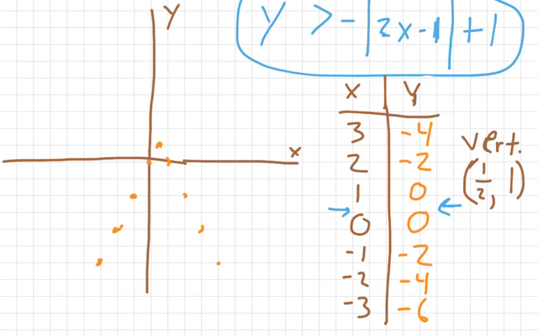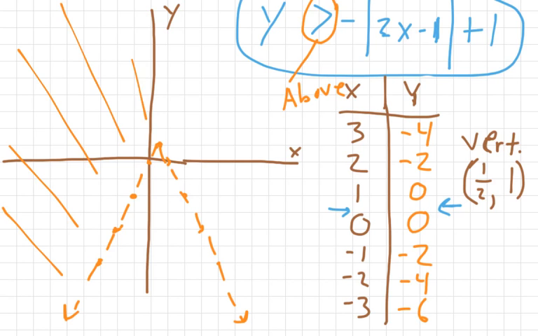So this is a greater than sign, so it's not equal to. So it's just like with lines, it's going to be a dashed absolute value upside down V looking shape like this, and then it's more than. So it's like before, I shade above. What that means is I go, well, here's my V, or upside down V, I go above.